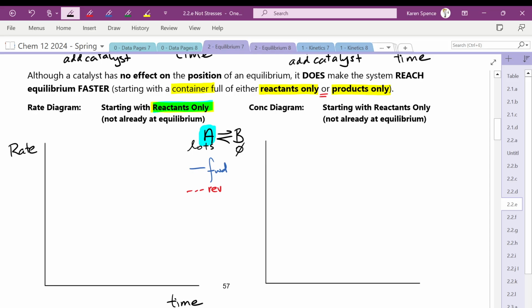So what is the forward reaction initially? Fast. Yes, because we have lots of it. What's the rate of the reverse reaction initially? 0.